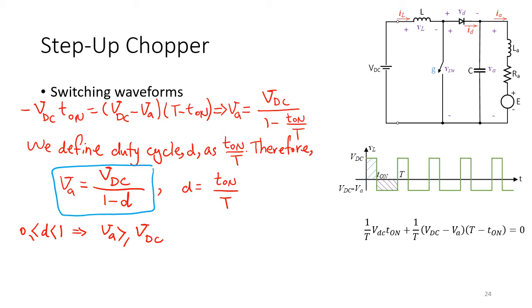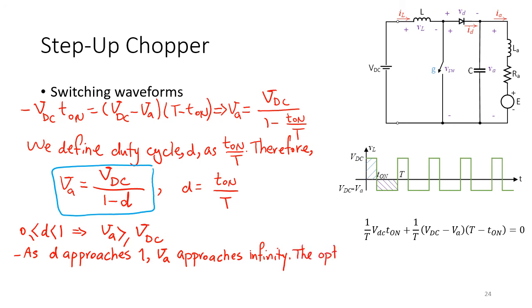So, as D approaches 1, VA approaches infinity.